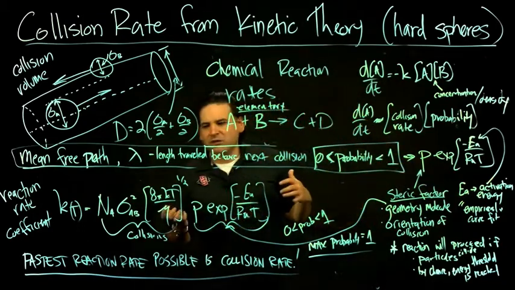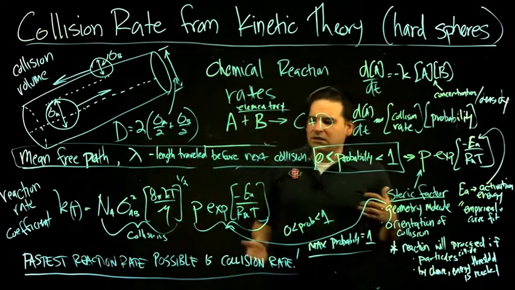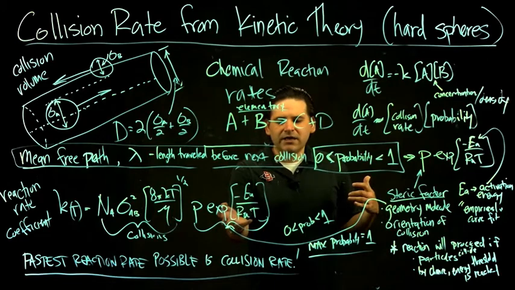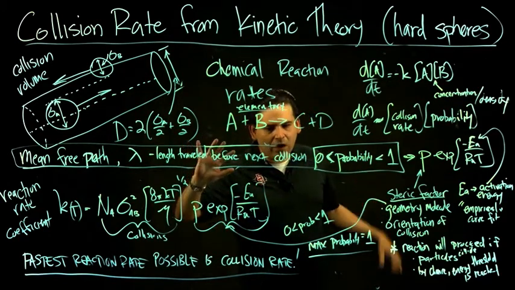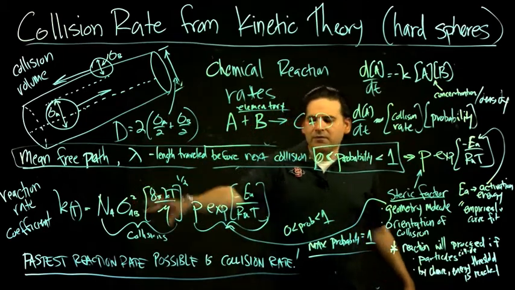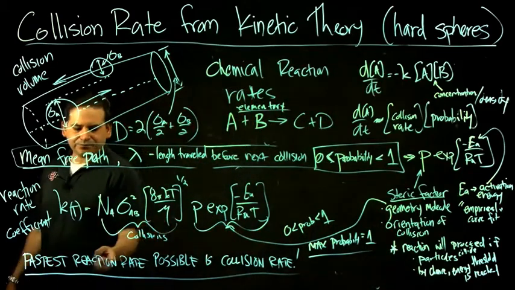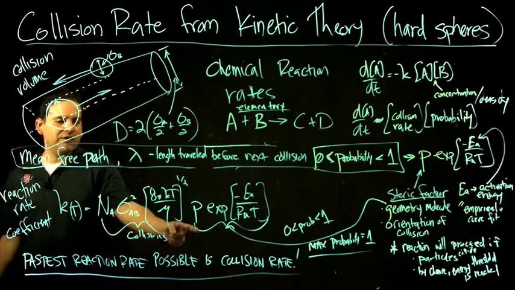So the maximum that this can succeed from reactants to products depends on those factors, and if we assume that all of these other criteria will be met, you still have to see each other. So the physical constraint in terms of the chemical reaction rate is given by the collision rate.